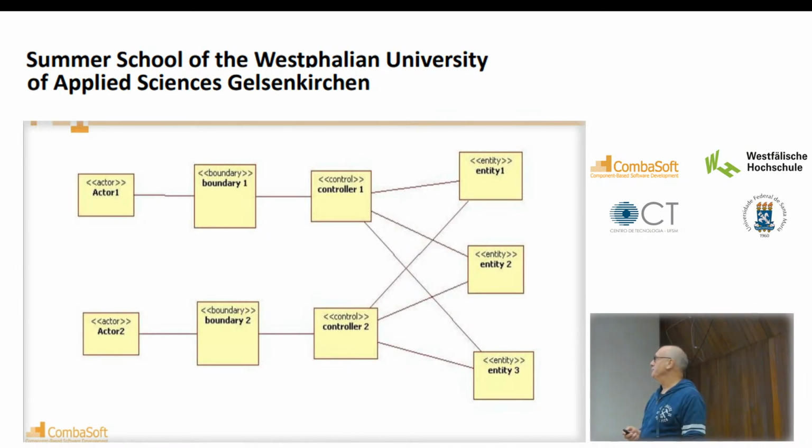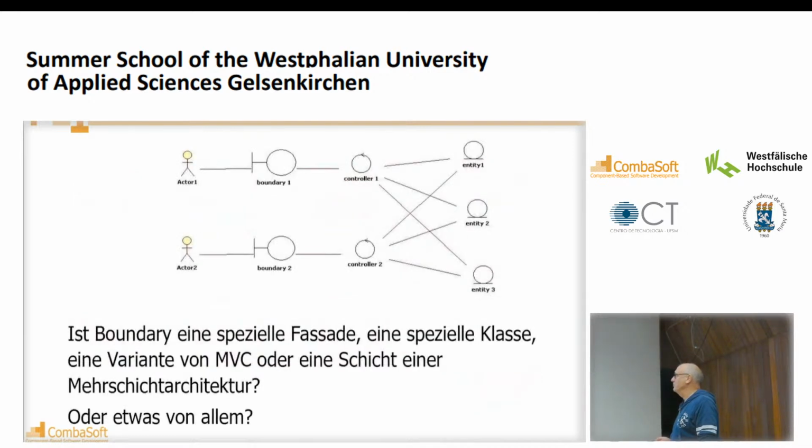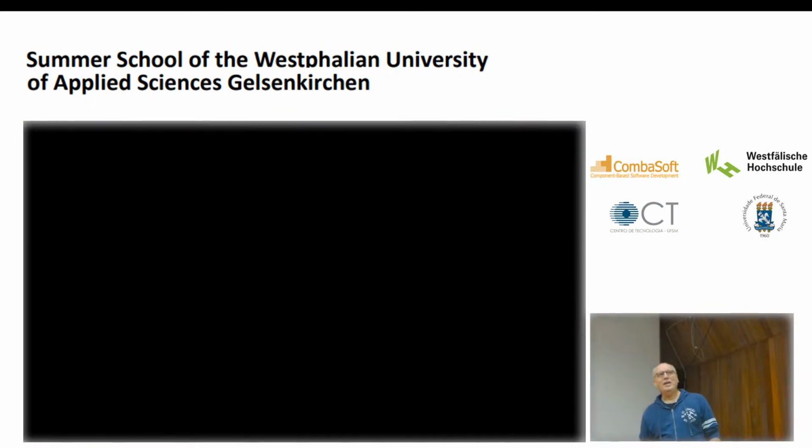And the point is the same, you have controllers on the other side, entities with data. Okay. You got that? The facade. It's a great design. Any questions on facades?